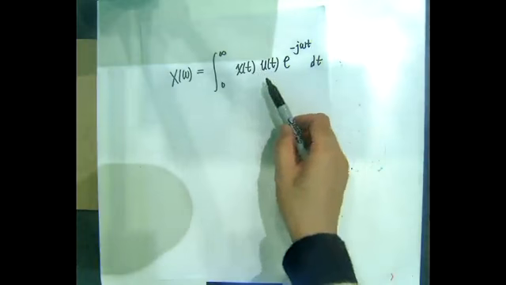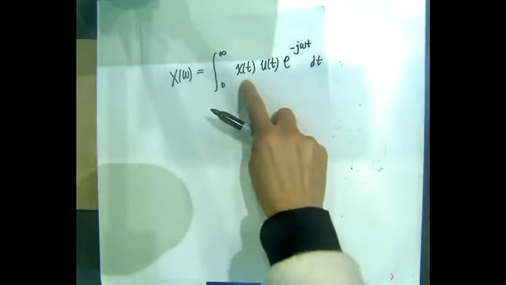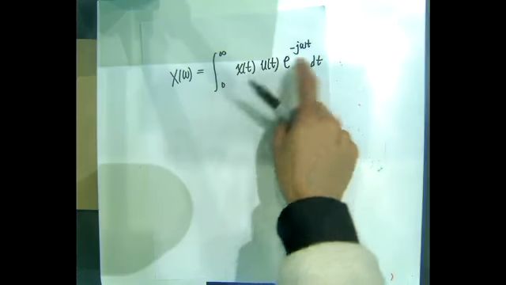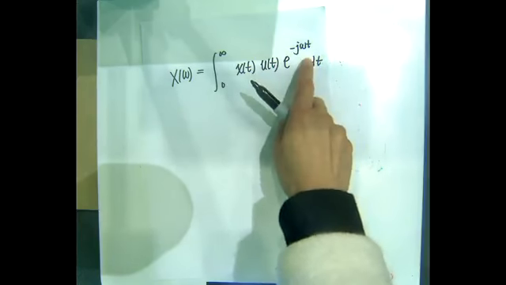I'm dealing with a positive signal which only has value when t is larger or equal to 0, and this is my Fourier transform.